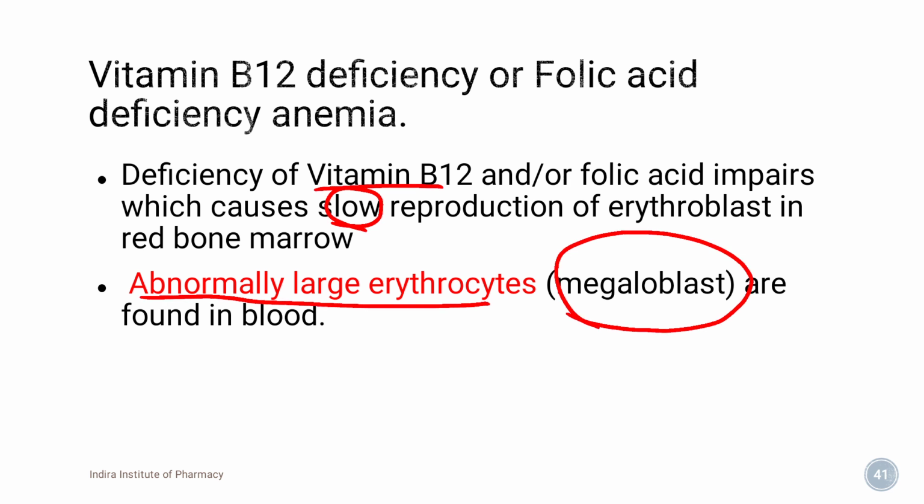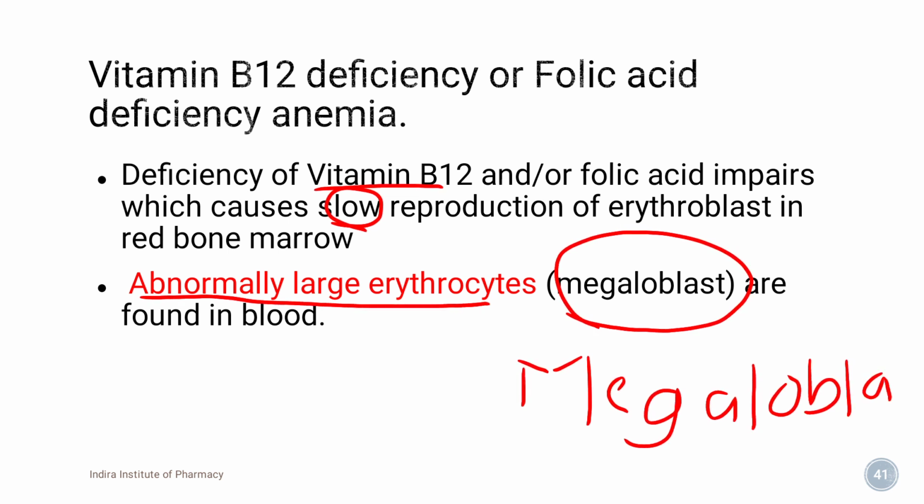That is why it is also called megaloblastic anemia, because the shape of the cells is very large and abnormal as compared to the normal cell.